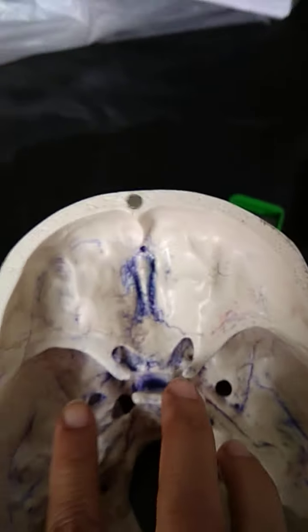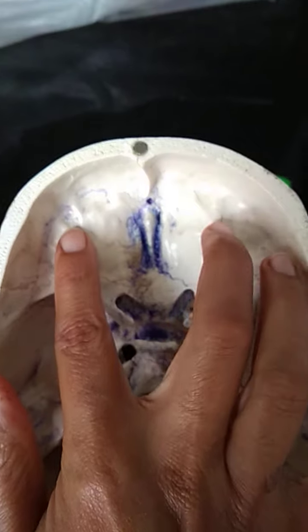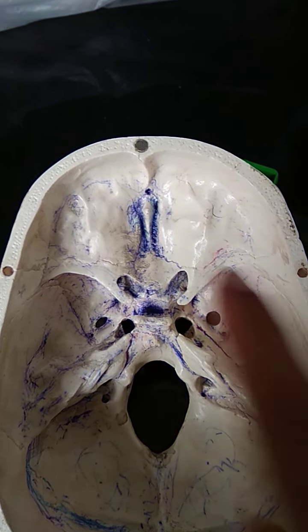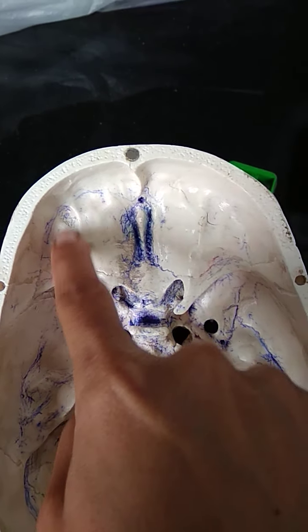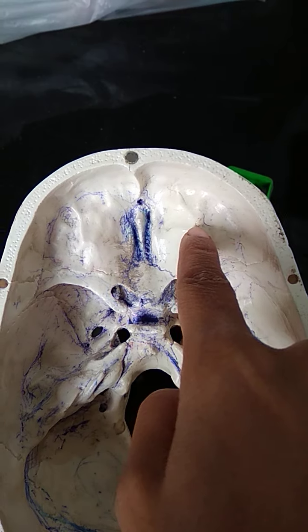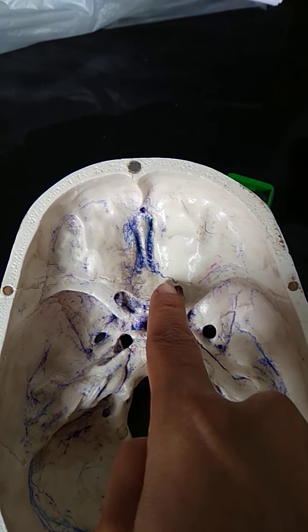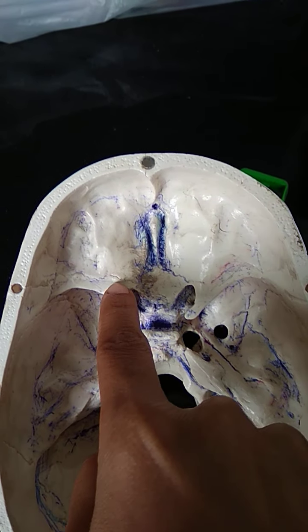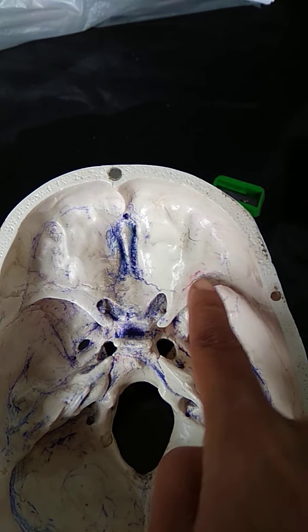Going again laterally, the floor is completed by the orbital plates of the frontal bone. Orbital plates of the frontal bone. Posteriorly, the floor is completed by the body of sphenoid as well as lesser wing of sphenoid.